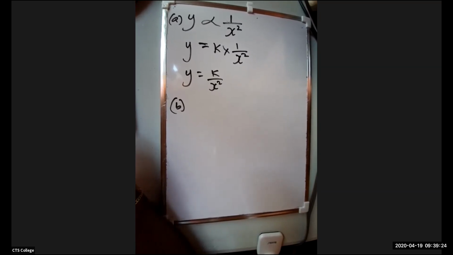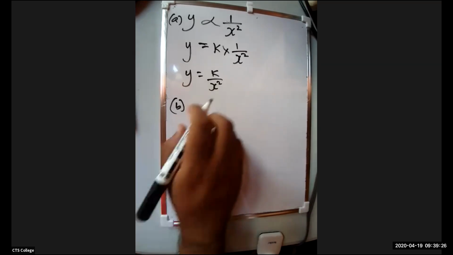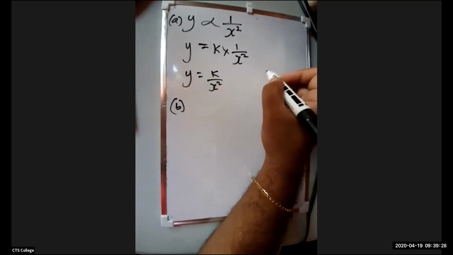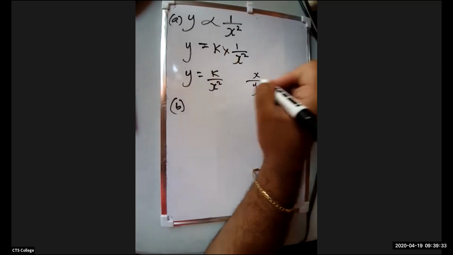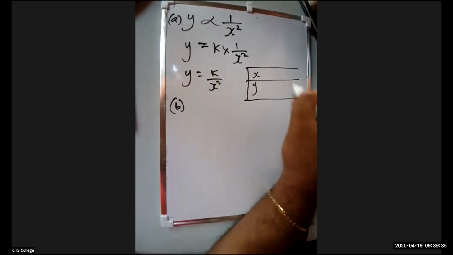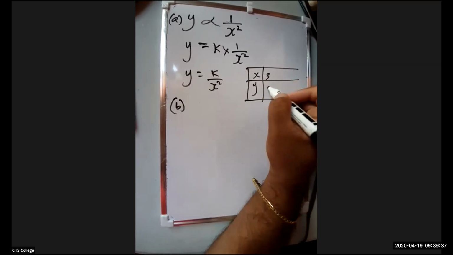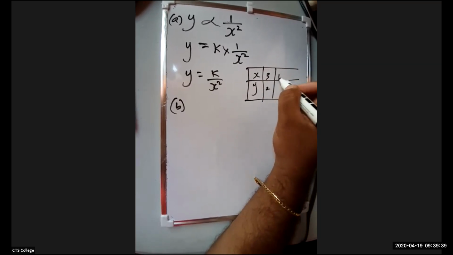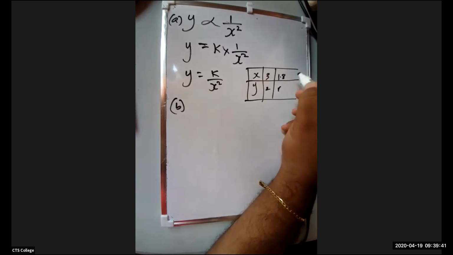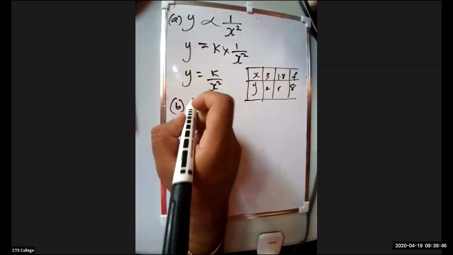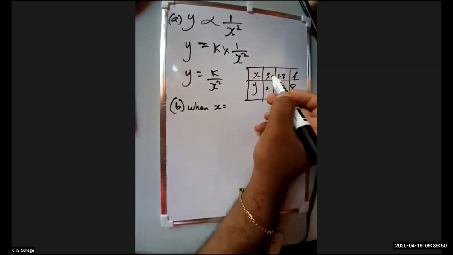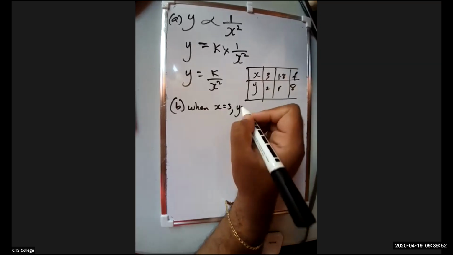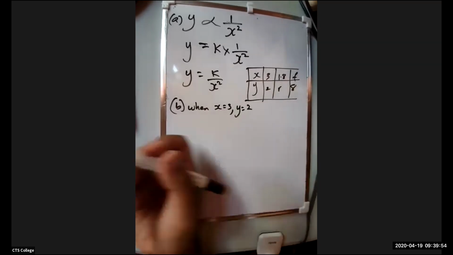So we have to calculate the value of k. Let me just quickly draw the table. X, Y: 3, 2; 1.8, R; F, and 8. So when x is equal to 3, y is equal to 2.